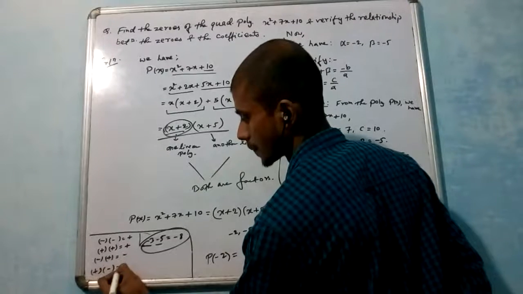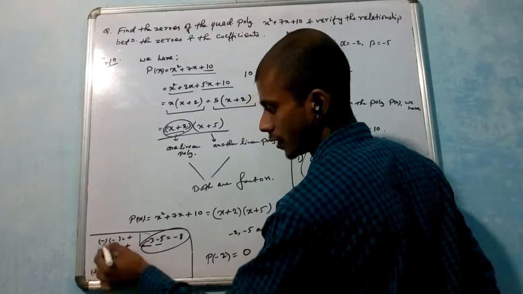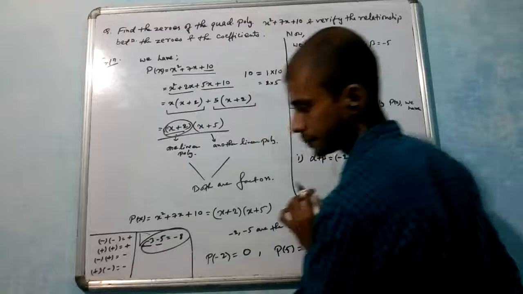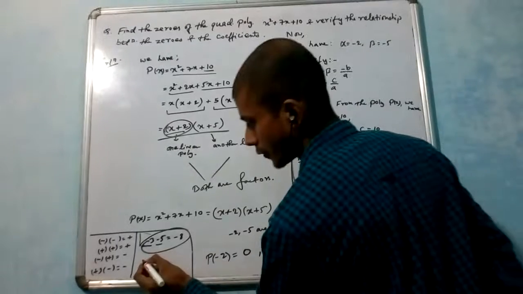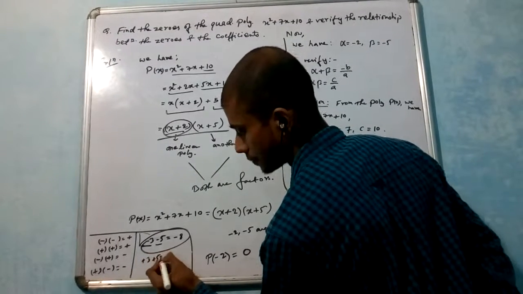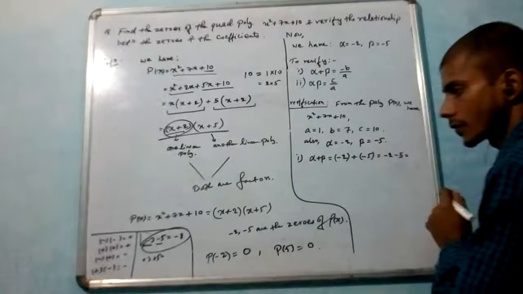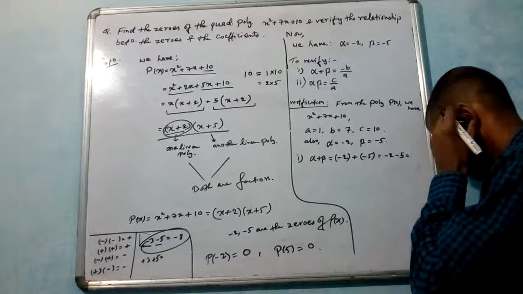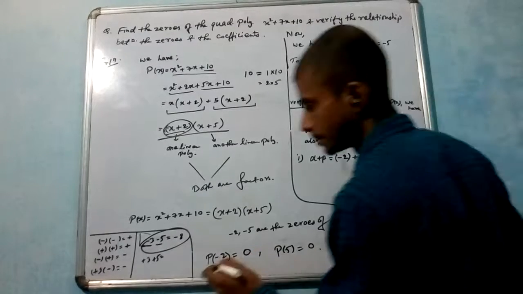This is the bracket work; the bracket shows that they are being multiplied. Clear? If we write plus 3 plus 5, how much? Plus 8.